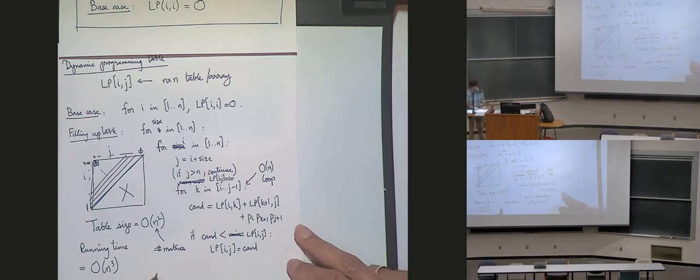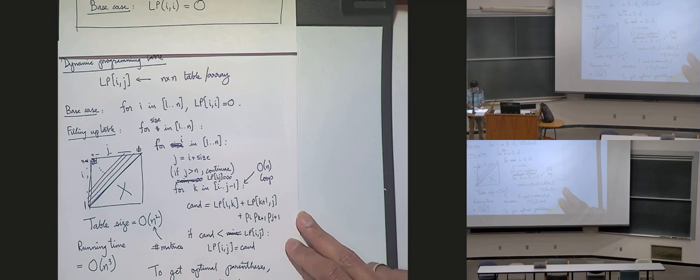So to get the optimal parentheses, you need to store the k that gives the minimum.